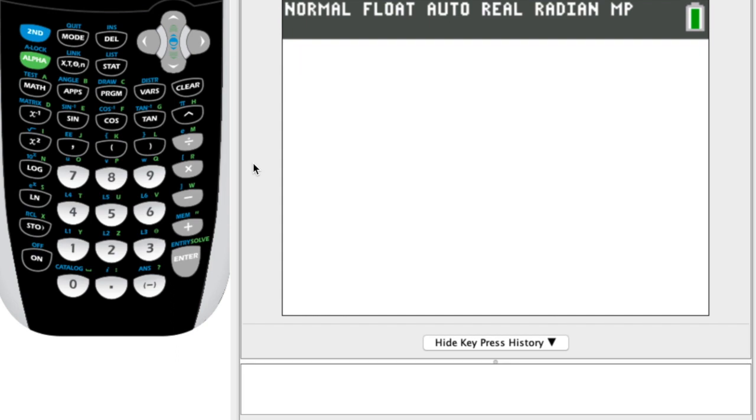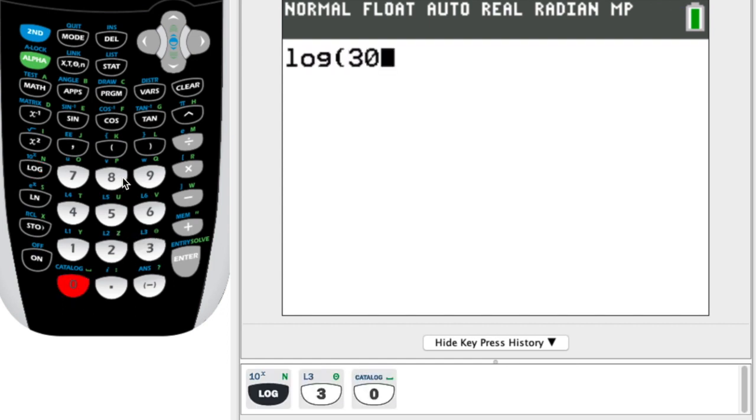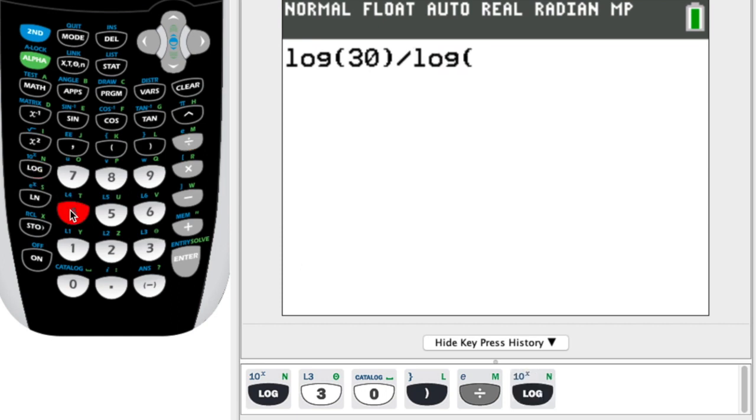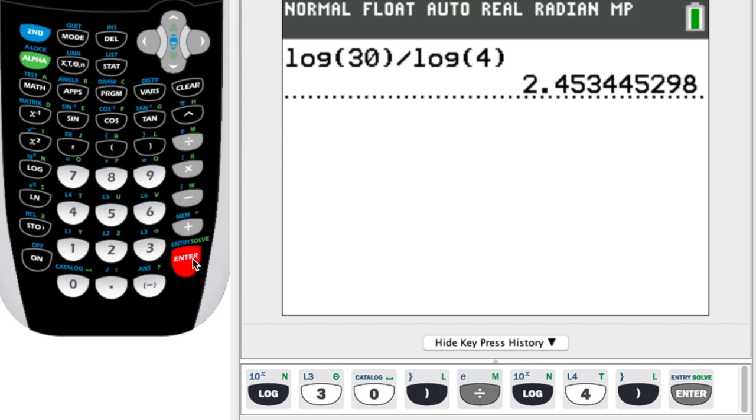So we're going to demonstrate finding the log base 4 of 30 by using the change of base formula. And we're going to do it with the log key. So we're going to say log of 30, and we're going to divide that by log of 4 and hit enter. And so I get 2.45344528.